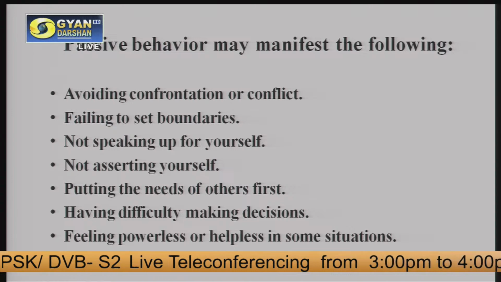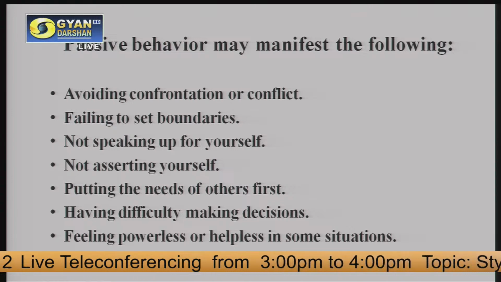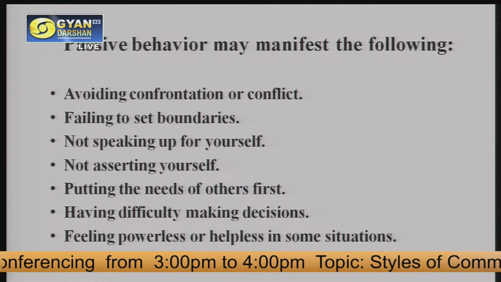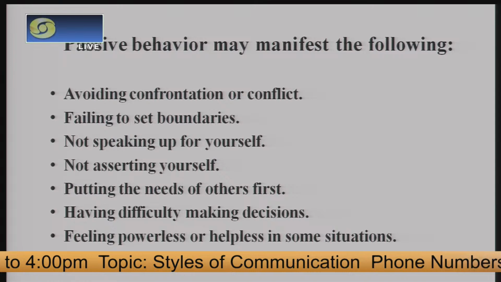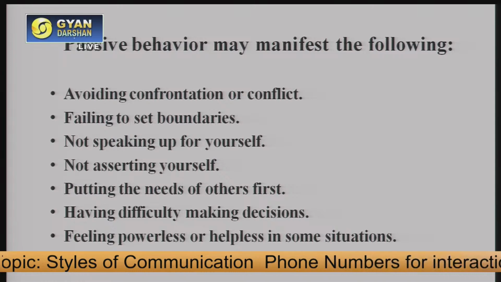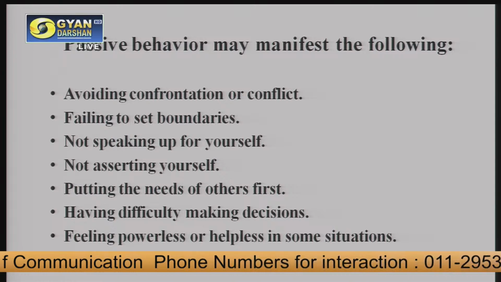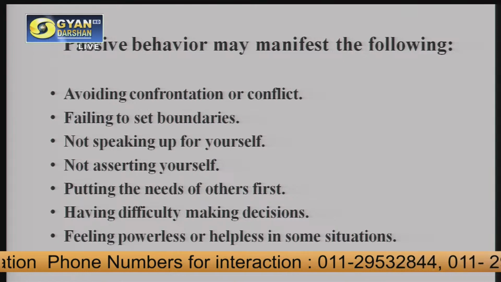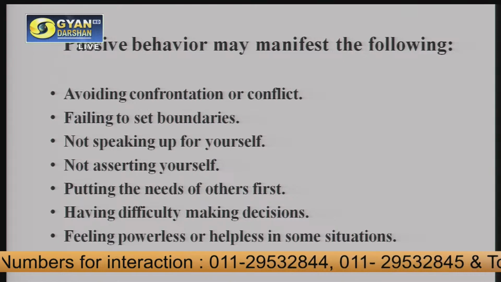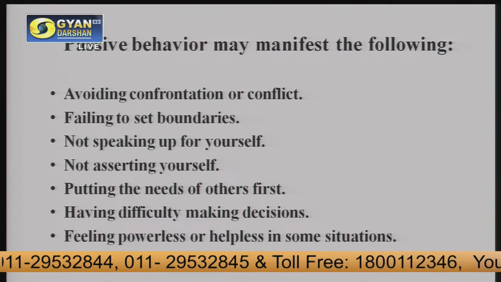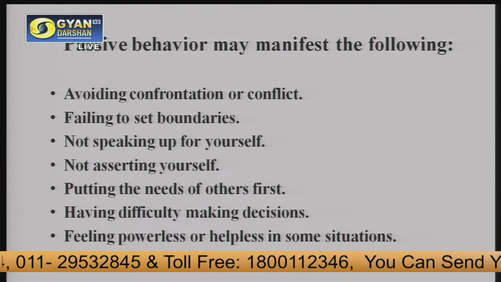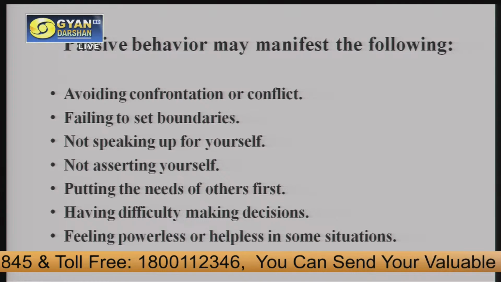Second is failing to set boundaries. The third is not speaking up for yourself. And the fourth is not asserting yourself, in the sense that you are not speaking what your needs are, you are not speaking out for your rights, and because of which people take advantage of you.